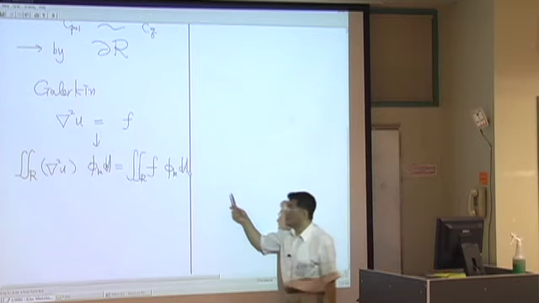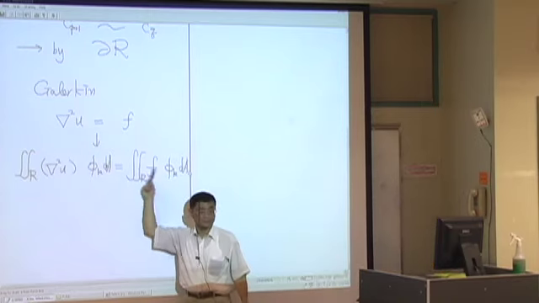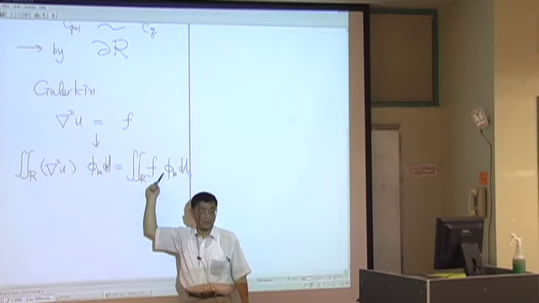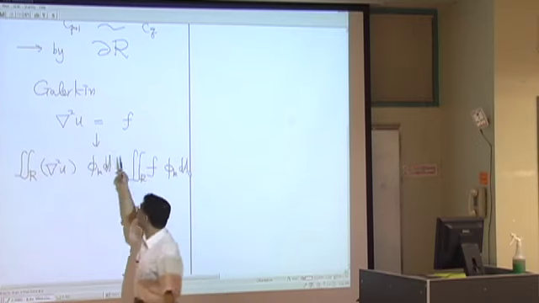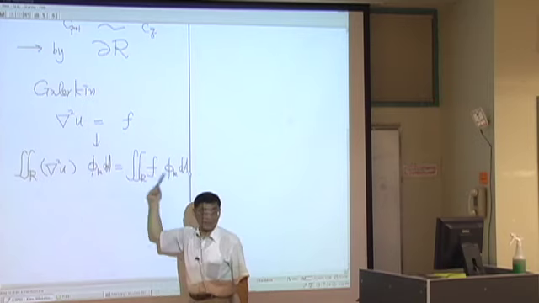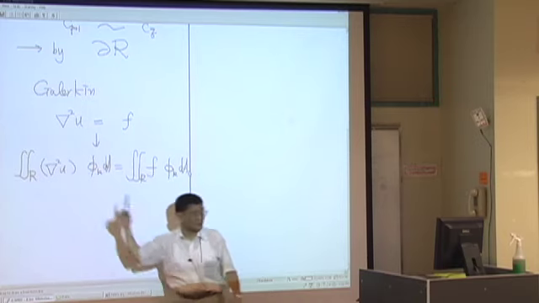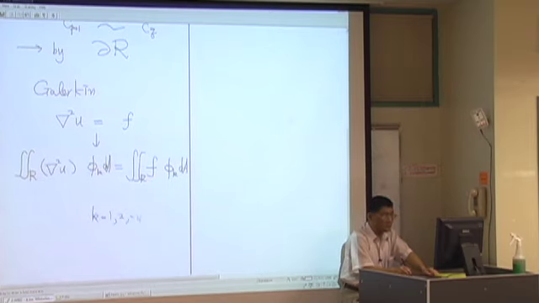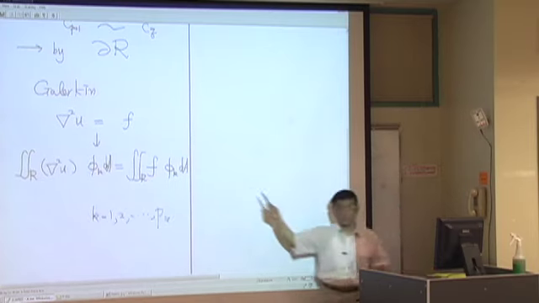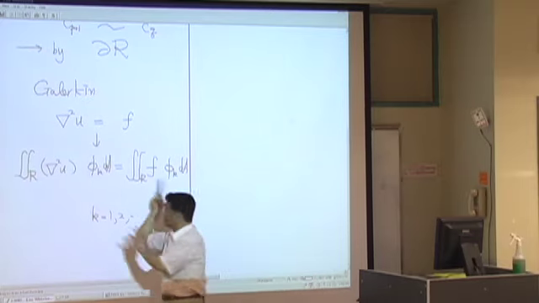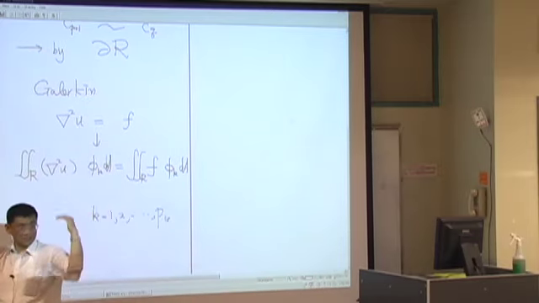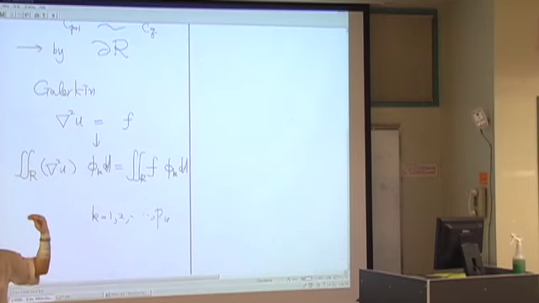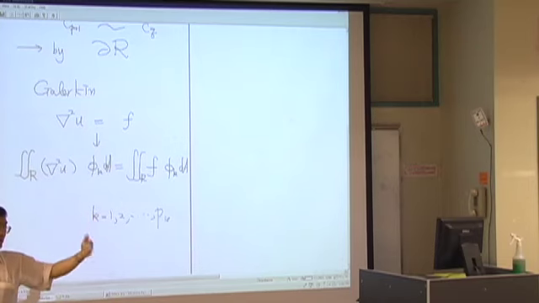How many equations like these are possible? In total, P equations like these are possible because k varies from 1 to P. So once we solve this system of P equations, we can solve for C1 up to Cp, meaning we find the solution.